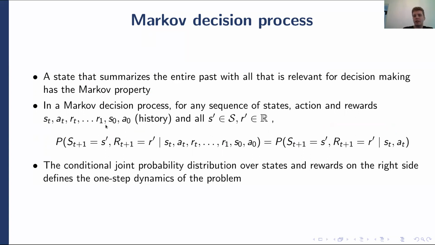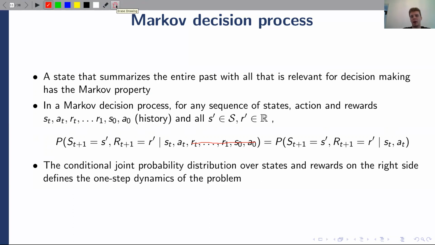One way to interpret this equality is this: if you can completely ignore what has happened in the past and only consider the current state and the current action to predict what state is coming next and what reward is coming next, then you have the Markov property. Okay, I hope that's clear now.